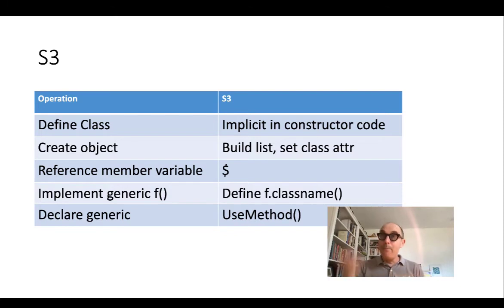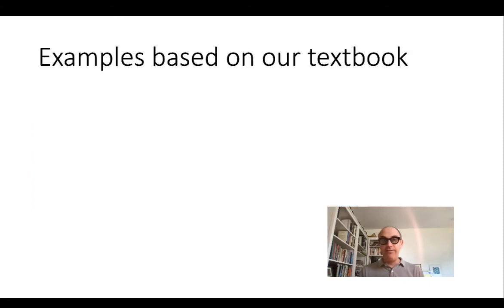Okay, back to S3. So S3 asks us to define the class. It allows us to create an object, built from a list, with a class attribute set. It also asks us to refer to a member variable with a $, implement a generic f, define f dot class name, and declare the generic as UseMethod. This is how S3 works in that environment.